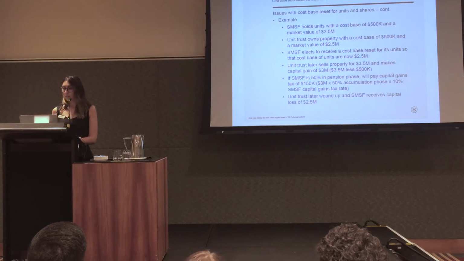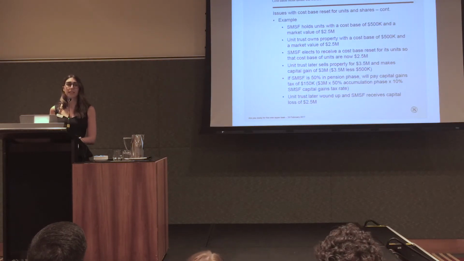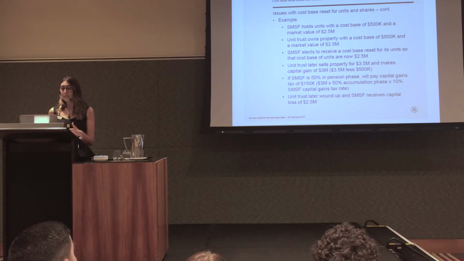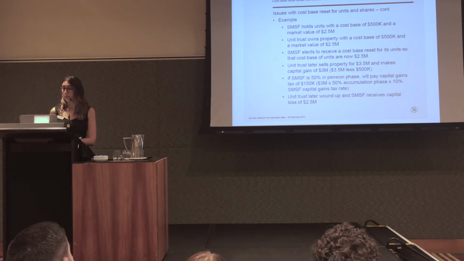So an example to help illustrate this, let's say we've got an SMSF and it holds units with a cost base of 500,000 and a market value of 2.5 mil. The unit trust also owns property with a cost base of 500,000 and a market value of 2.5. The SMSF elects to receive a cost-base reset for its units. So the cost base of the units is now 2.5 million.